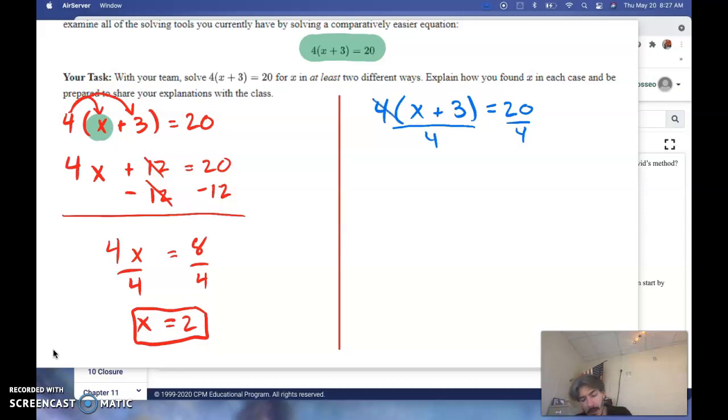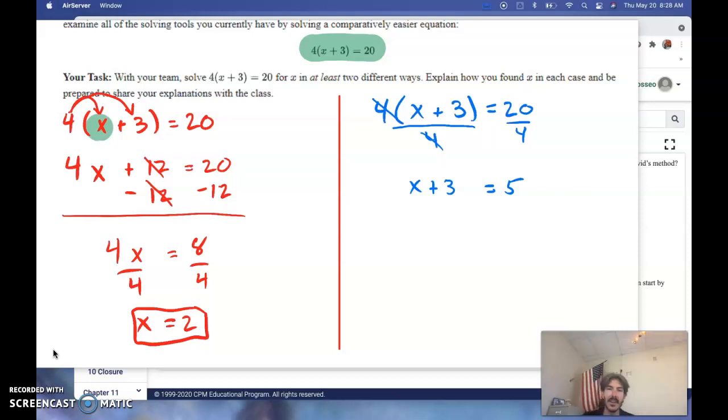Now watch what happens here. The 4's cancel. I've got x plus 3 is equal to 20 divided by 4, which is just 5. The reality is there's nothing on the outside of the parentheses, so there's no reason for the parentheses anymore. I'm going to drop them. Now look at this equation.